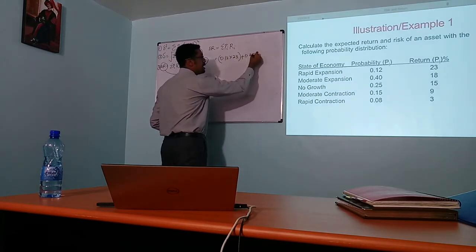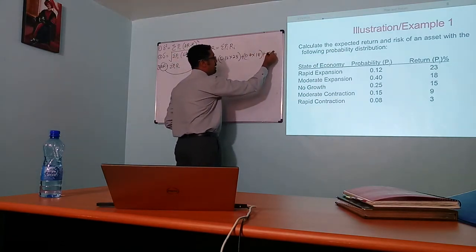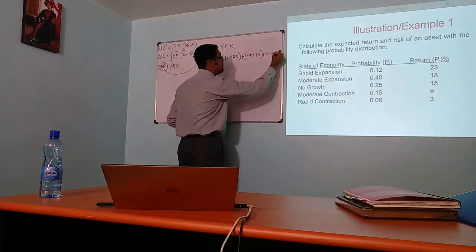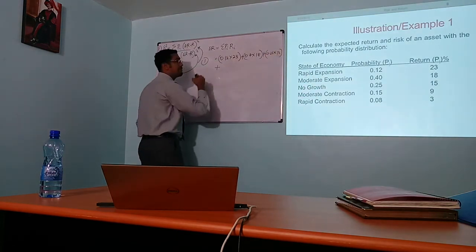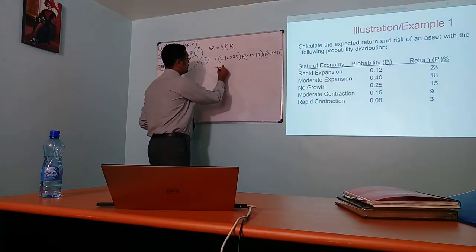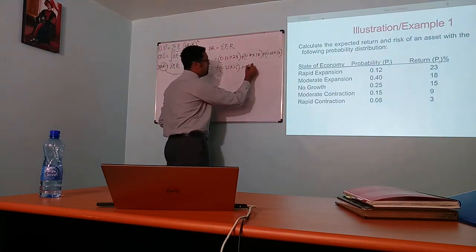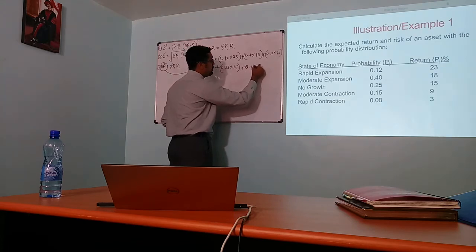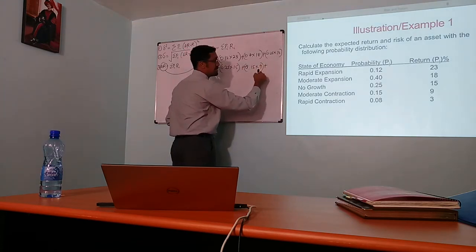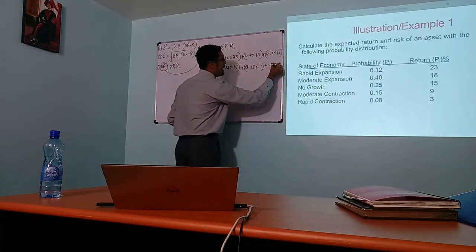0.4 times 18% plus 0.25 multiplied by 15% plus 0.15 multiplied by 9% plus the last one, 0.08 multiplied by 3%.